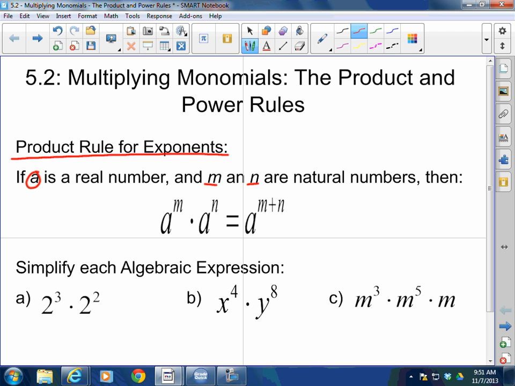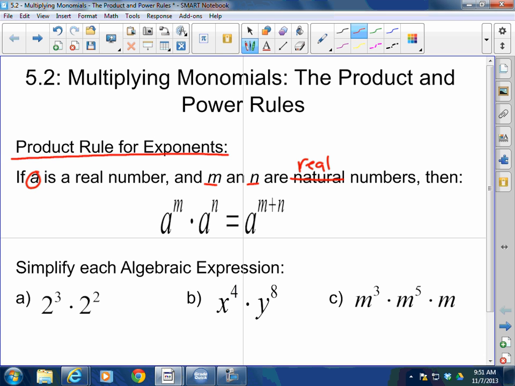Actually, I don't like that, because that's false. Change that. They can be real numbers, because you can have negative exponents. They're just not polynomials, but you can still do it.